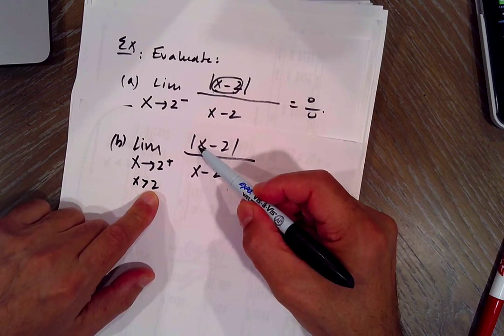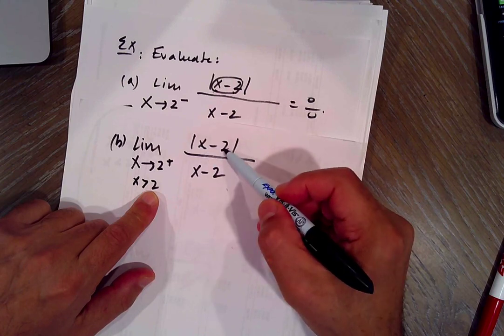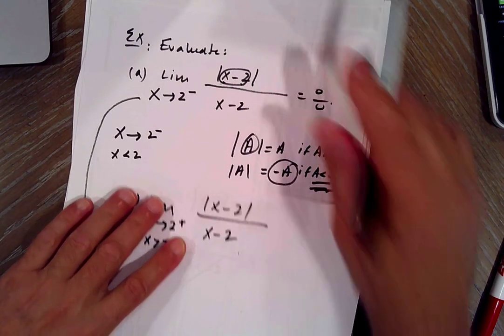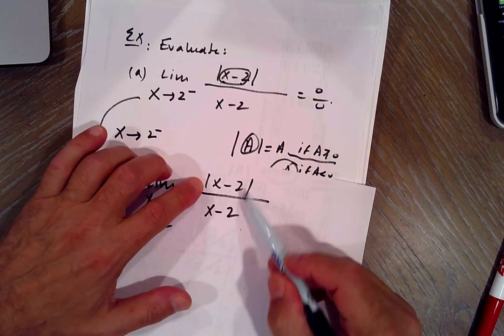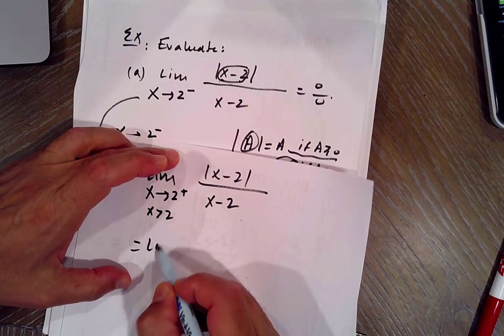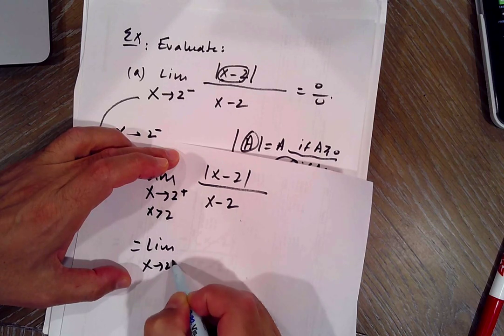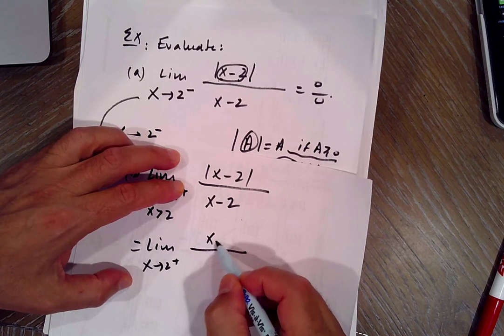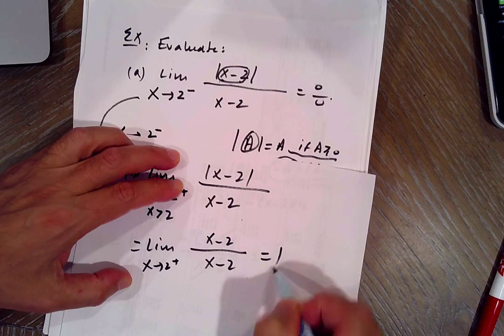So any number you put greater than 2 for x, x minus 2 is positive. So the absolute value of anything positive is itself, so we drop the absolute value. We don't put a negative because it's positive, and the answer is 1.